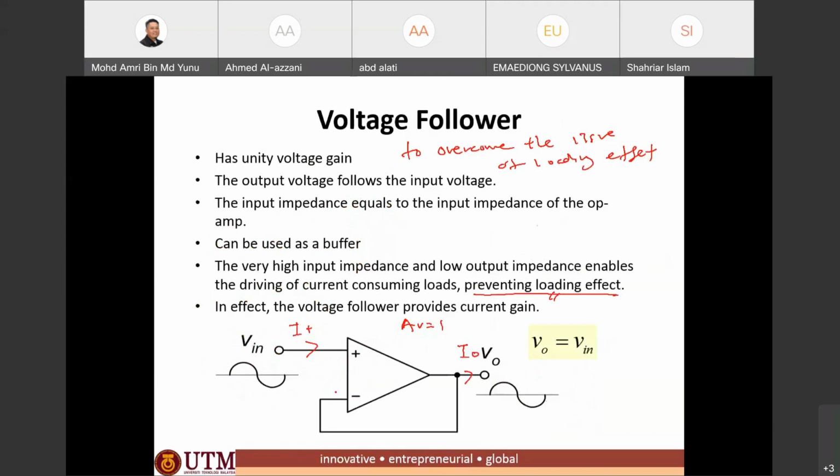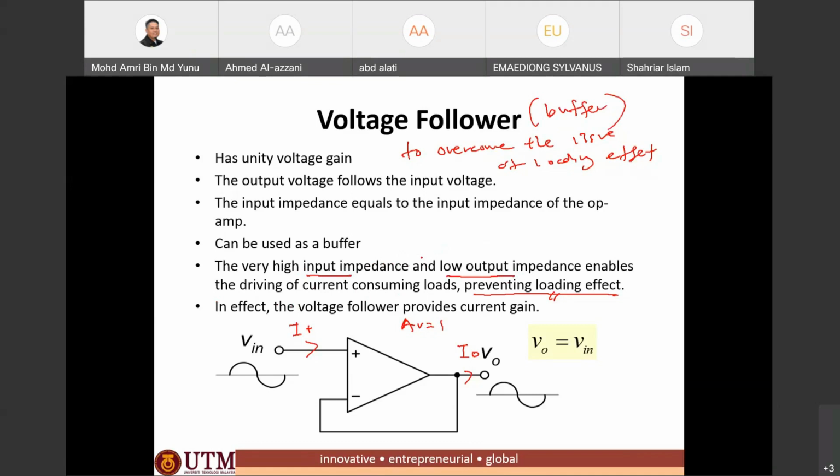It is also commonly called a buffer. It has a very high input impedance, and there can be a mismatch between the input impedance and the output impedance.